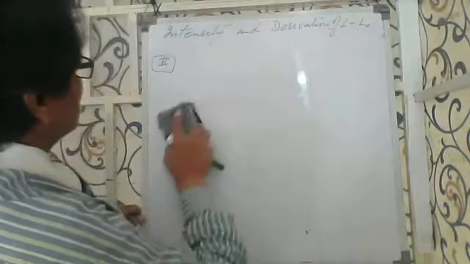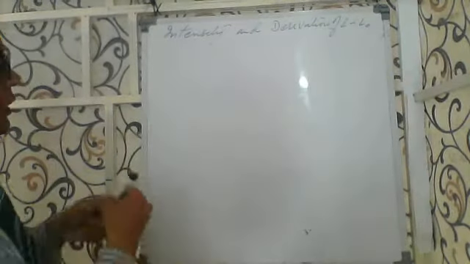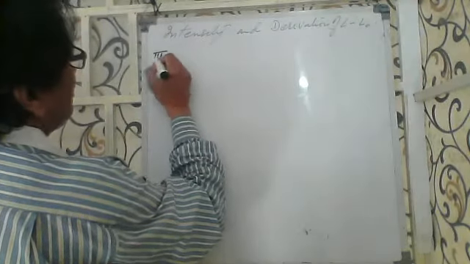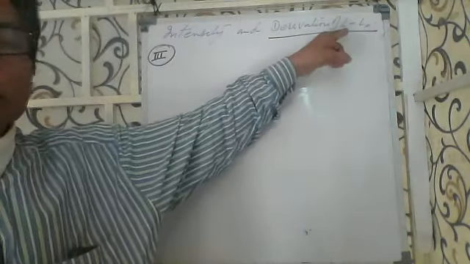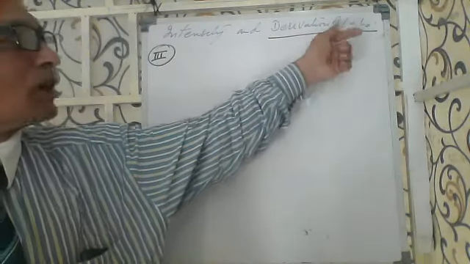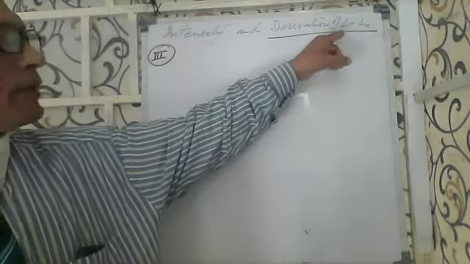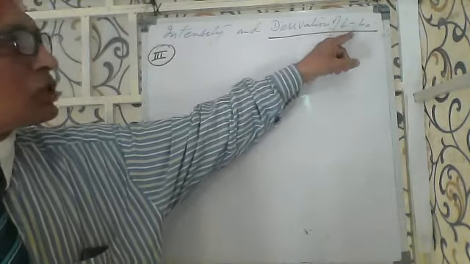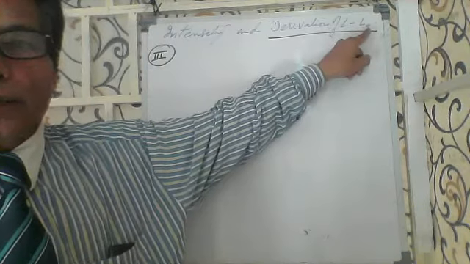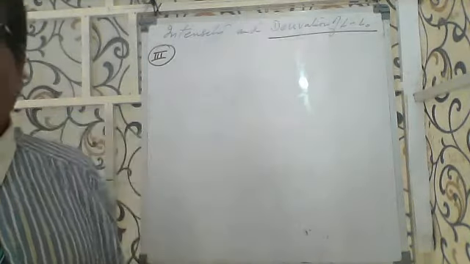Now we will come towards the third part, and the third part is the derivation of the difference of sound levels. We have to calculate the difference of sound levels starting from L0 up to some level of sound.